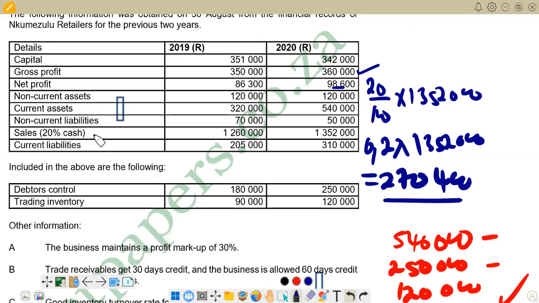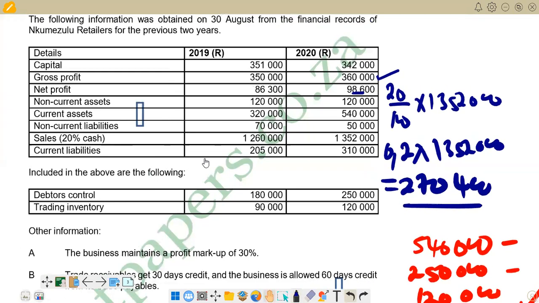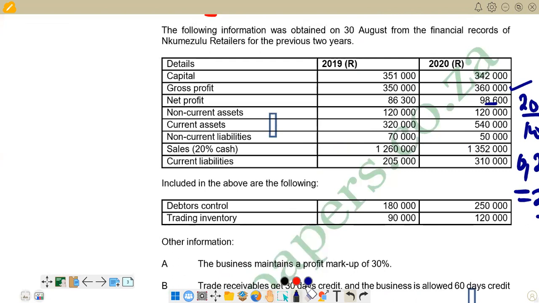For cost of sales, we do not have a figure, but we can find that figure. Remember, the formula is sales minus cost of sales is equal to our gross profit. So we can make cost of sales the subject of the formula, because we've got the figure for sales here, and we also have the figure for our gross profit here.